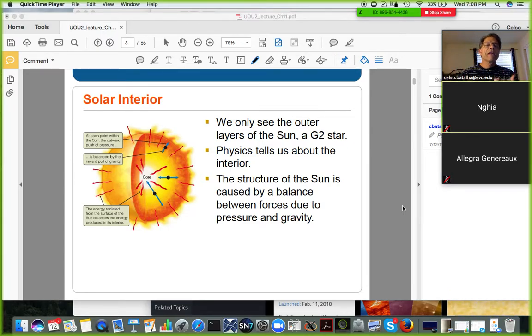What mechanism is responsible for transferring energy from the solar interior all the way to these outermost regions, and warming up the gas in those regions? So again, magnetism and magnetic waves are the mechanism responsible for that.